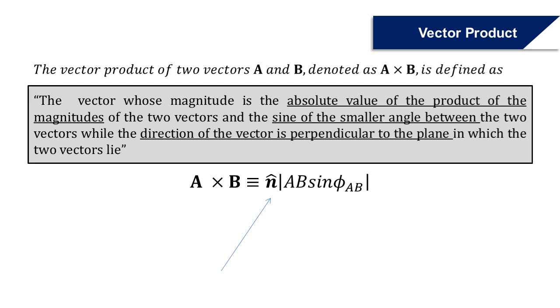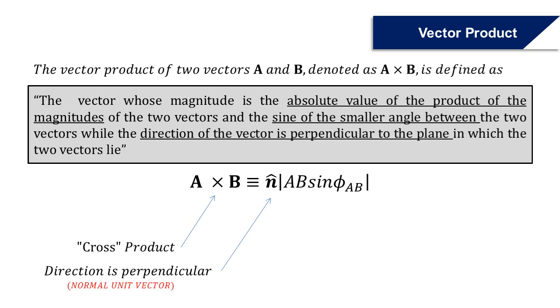So ano ba yung mga nakikita nating annotations dyan? First, meron tayong cross, kaya siya tinawag na cross product kasi ang notation or symbol na ginagamit natin ay yung cross. Next, yung ating n hat, it denotes na yung ating direction is perpendicular or normal. Normal unit vector yung ating n hat dyan. Okay, kaya ginamit na n.